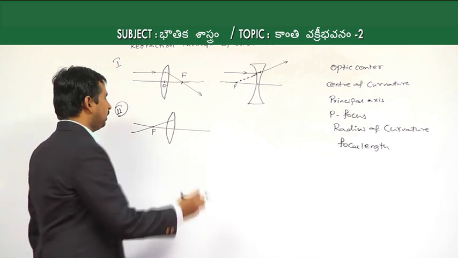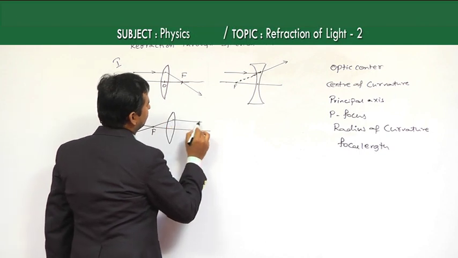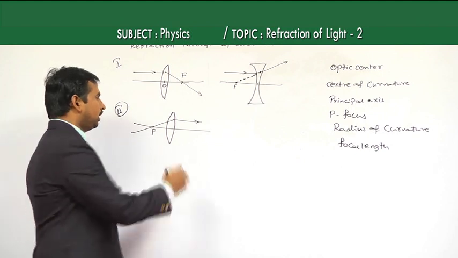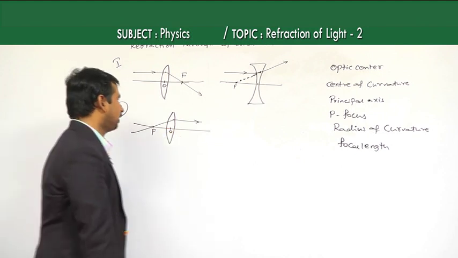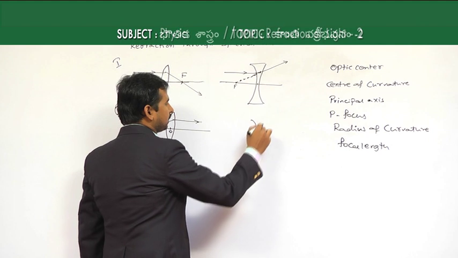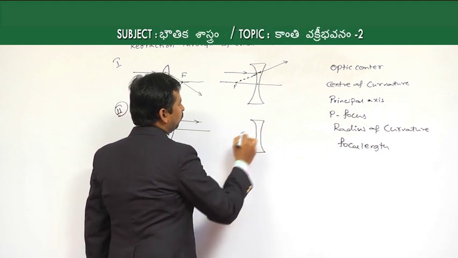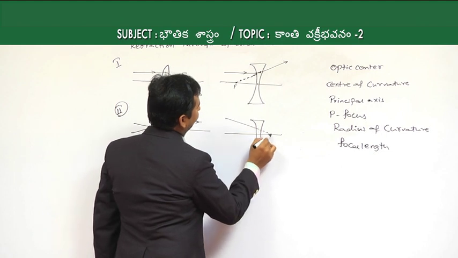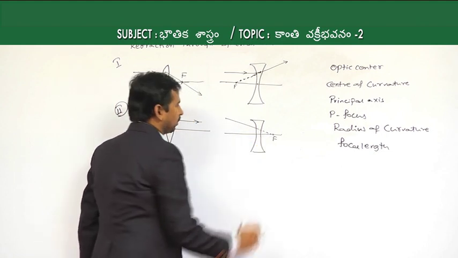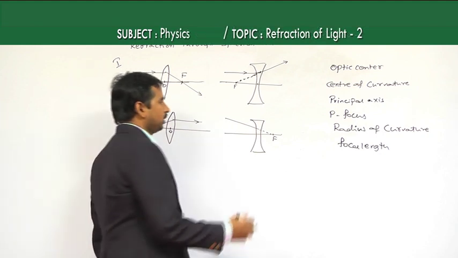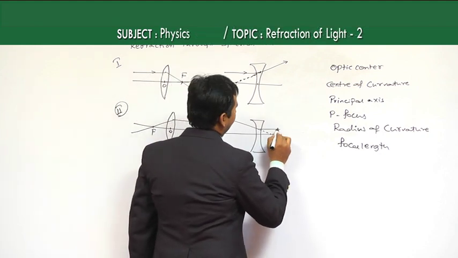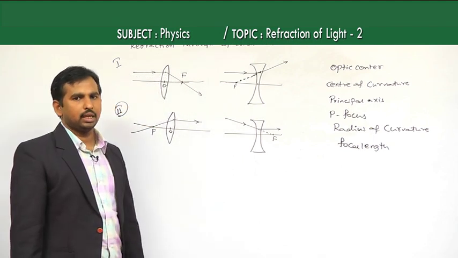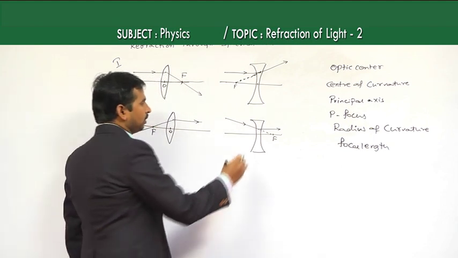Now, the light ray passes parallel to the principal axis, like this. And again, in the case of a concave lens, as I said, there is a virtual focus. Then after refraction, the light ray passes parallel to the principal axis, like this.